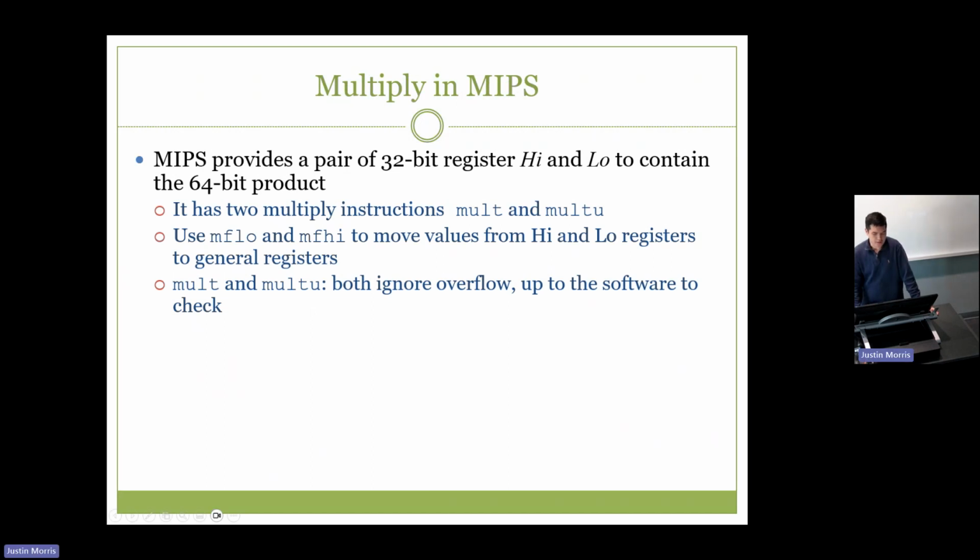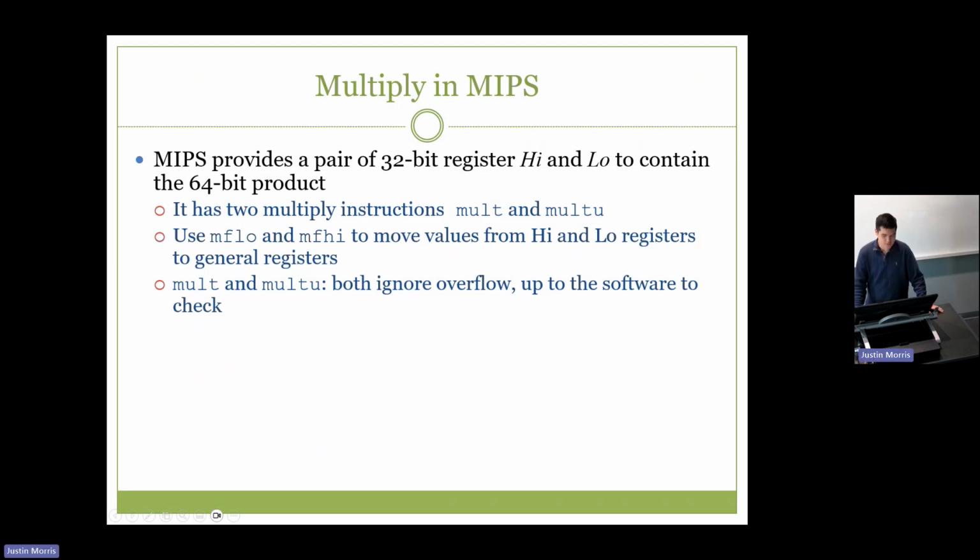All right, so how do we multiply in MIPS? MIPS provides a pair of 32-bit registers, high and low, to contain the 64-bit product. Because if you are trying to multiply 32 bits by 32 bits, you need 64 bits in order to represent the possible answers for the multiply. So it has two multiply instructions. You have mult and multu. Multu is for unsigned, right?